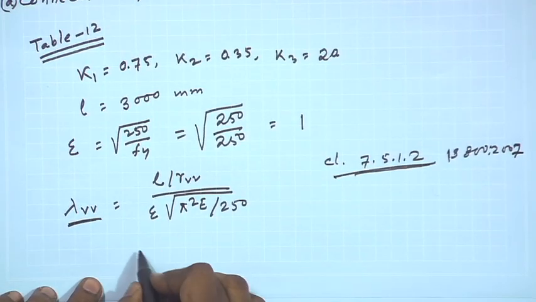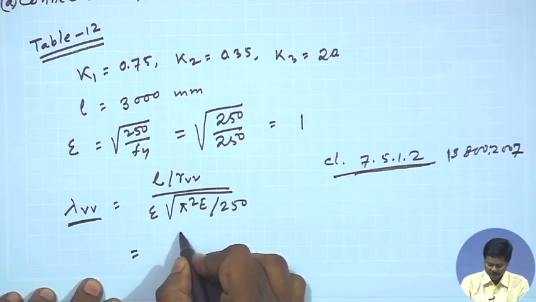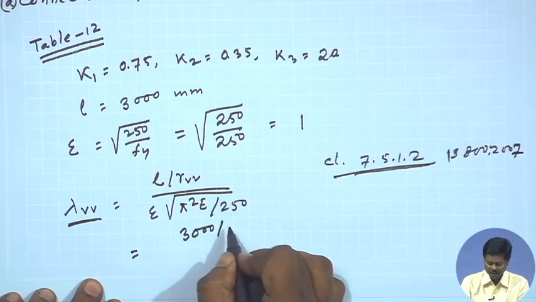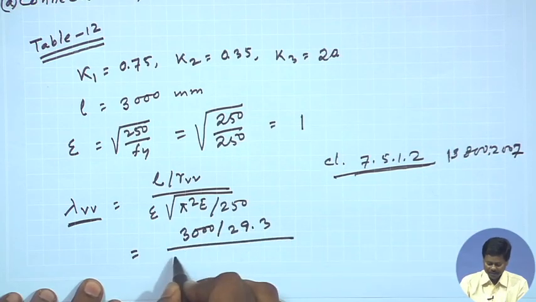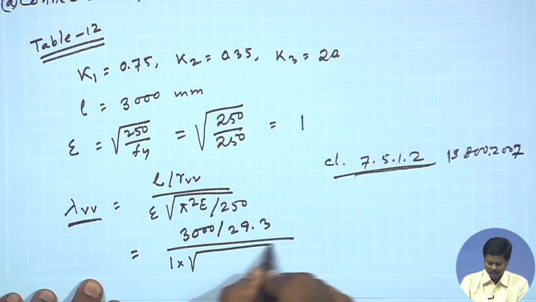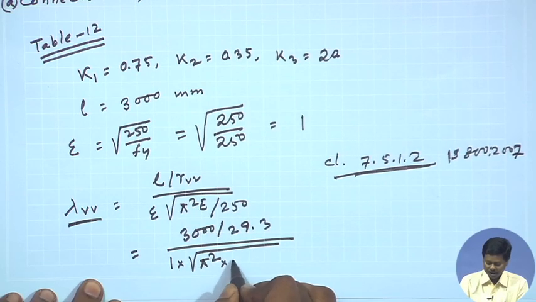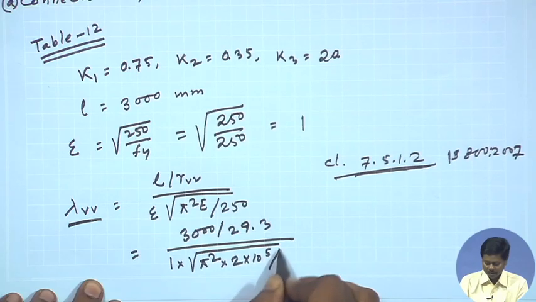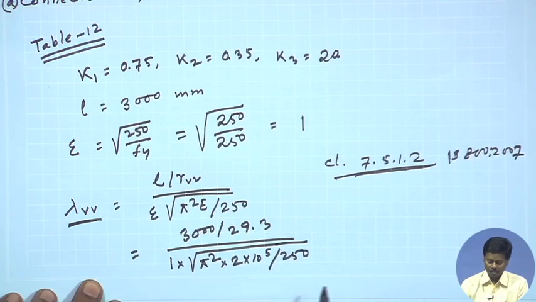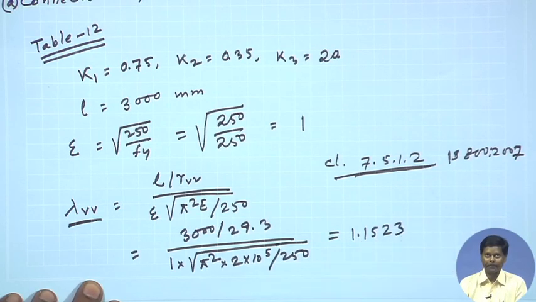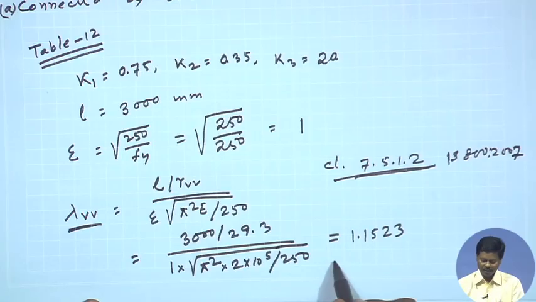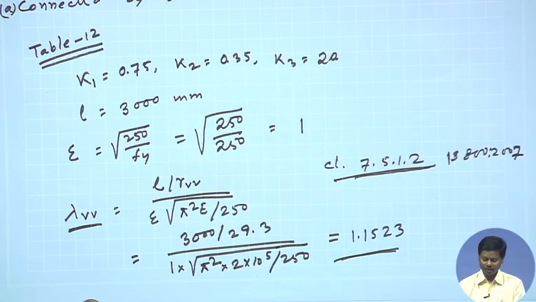If I put the values, lambda Vv is 3000, because L is 3000, R Vv we found 29.3, epsilon is 1 and pi square into E is 2 into 10 to the 5 by 250. After calculation we can find lambda Vv value as 1.1523, right.